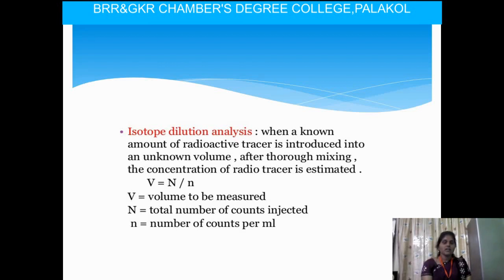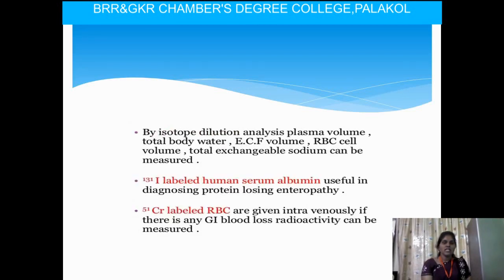So here we can indicate it in the equation V = N/n. Here V is the volume to be measured, N is the total number of counts injected, and small n is the number of counts per ml. Okay, so this is called isotope dilution analysis.